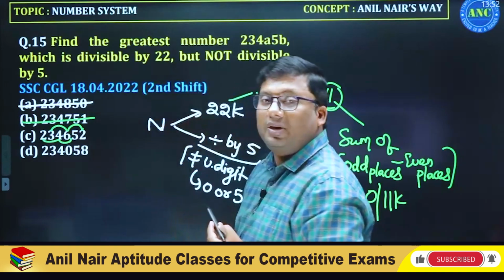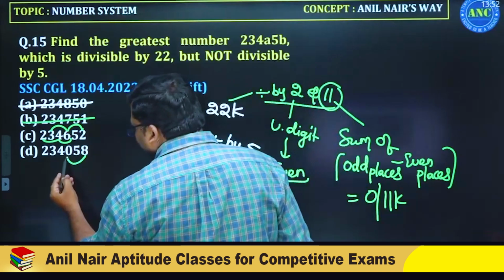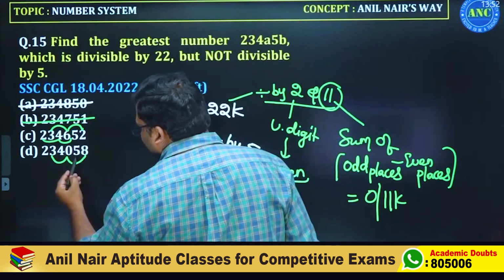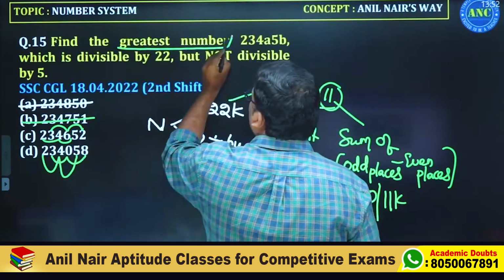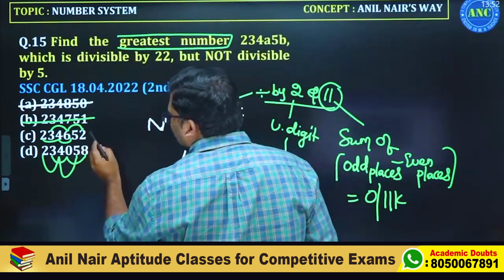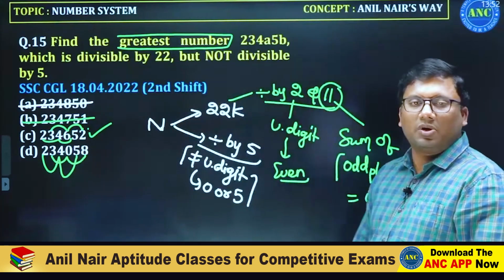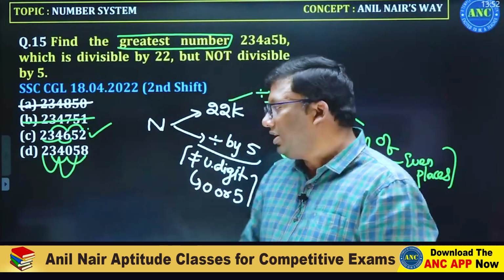The third one seems to be divisible by 11. Fourth one, 8 plus 0 plus 3, it is 11. 5 plus 4 plus 2, it is 11. The question is the greatest number. What is the greatest among these? This one. Very good question based on the divisibility rule.